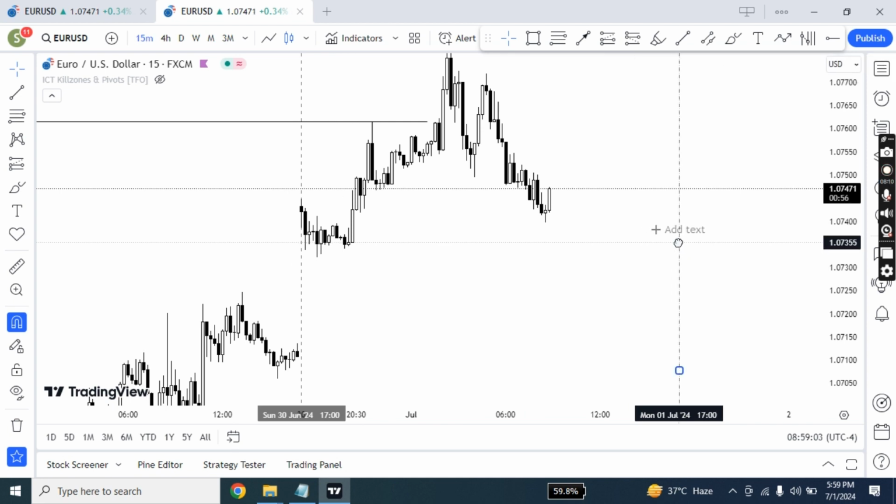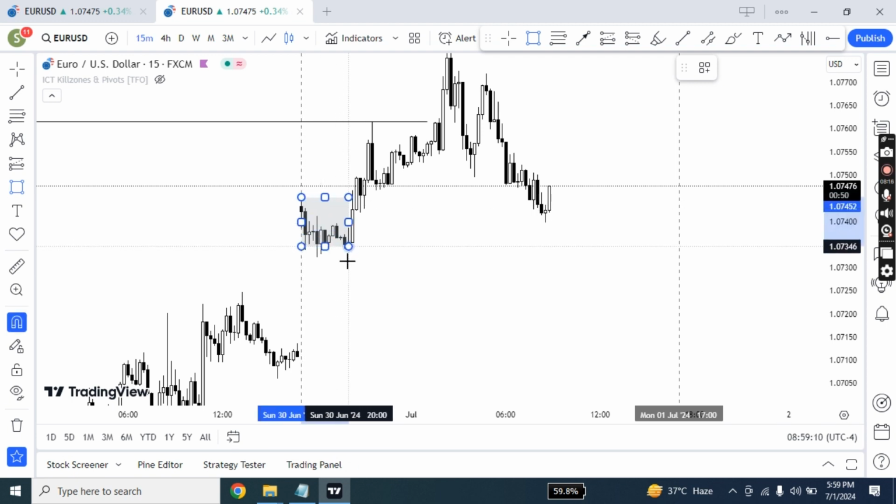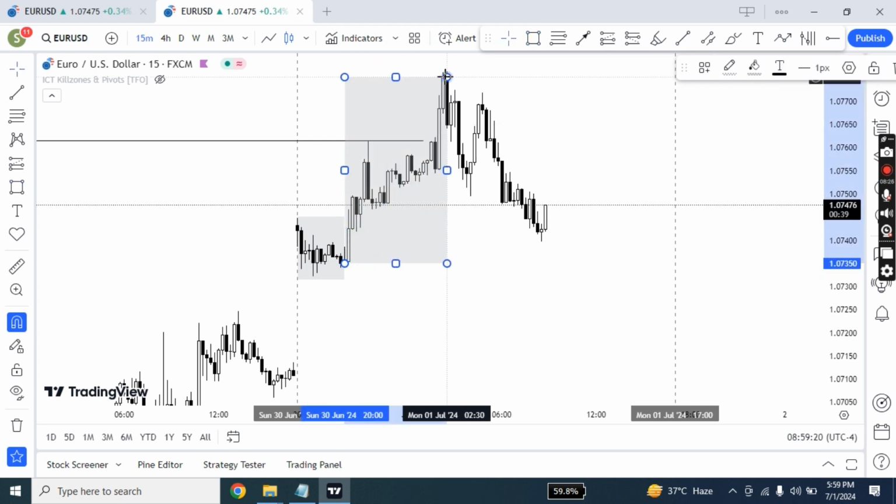Now again based on the same logic as I said before in the first chapter, price straight away goes into what? It goes into a ranging profile and then after the ranging profile it has one possible outcome, which is an expansion or a manipulation. In this case we had an expansion, right?